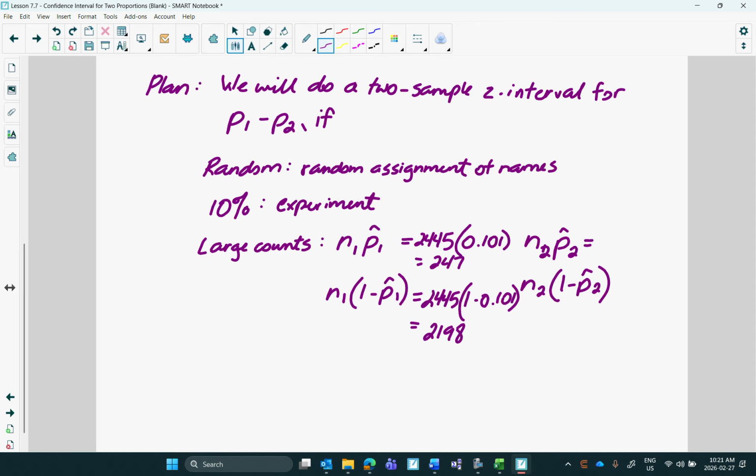For the second group, 2445 again times the sample proportion in the second group, which was approximately 0.067. And that will give us to the nearest whole number 164.